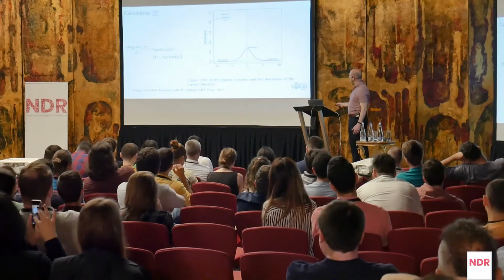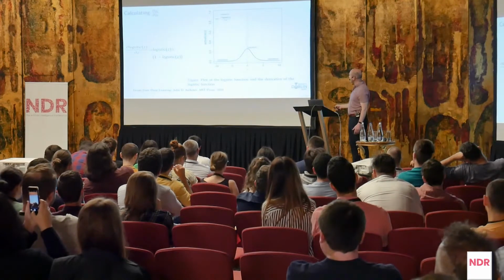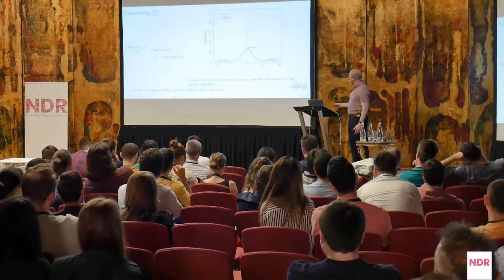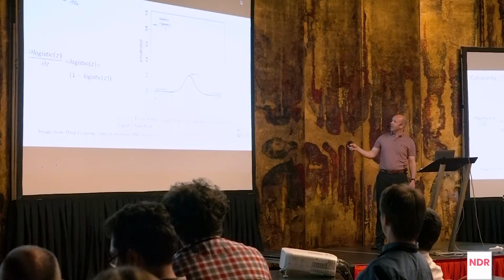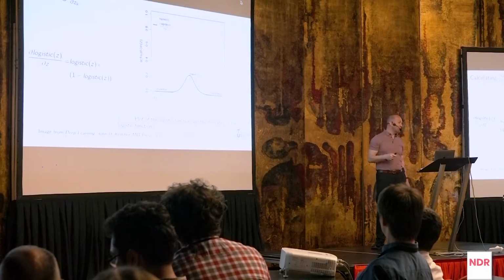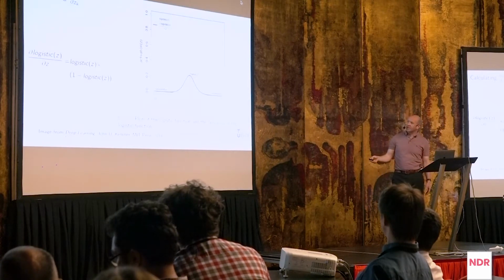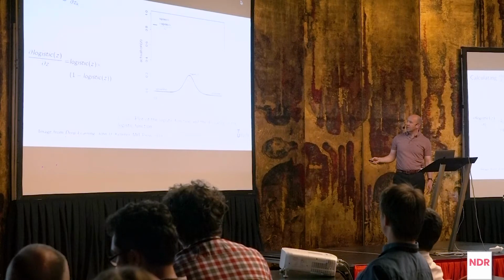To show you what that looks like, we can graph that value here. In this image, I've taken input values from minus 10 to 10. The dashed line going along there shows the output of the logistic function as we change the input z. The full line plots the derivative of the logistic function as we change the input z.